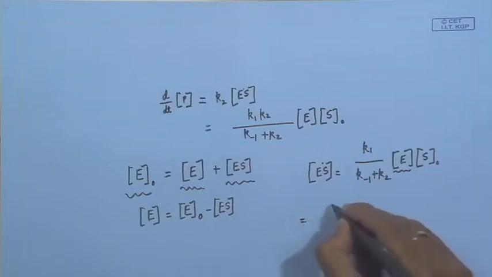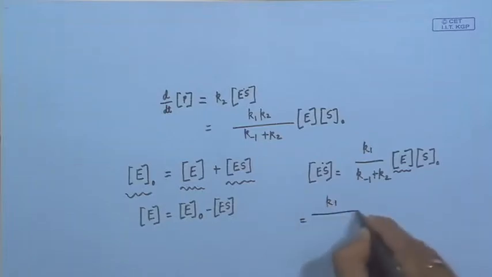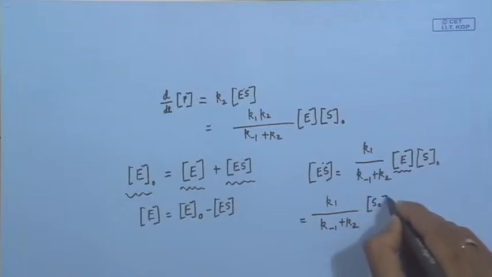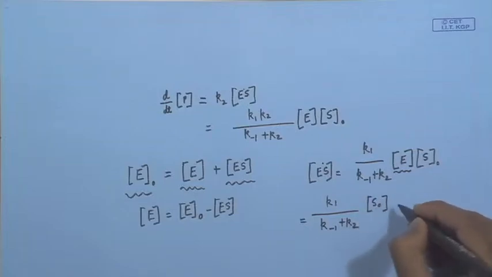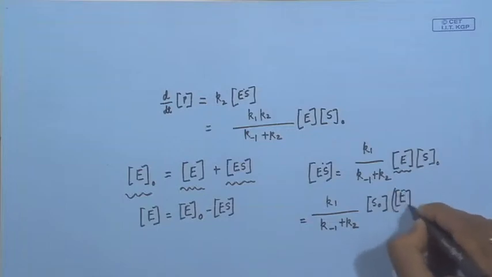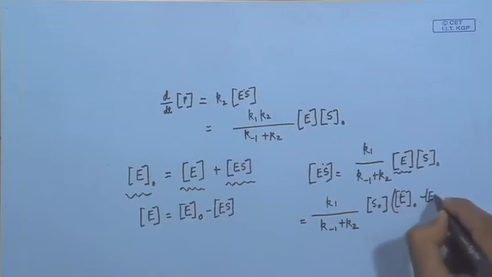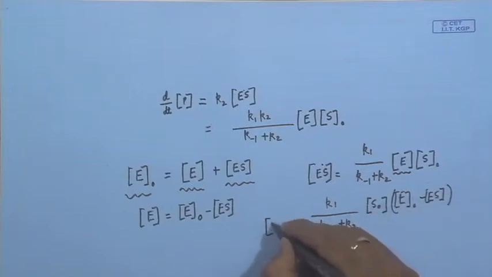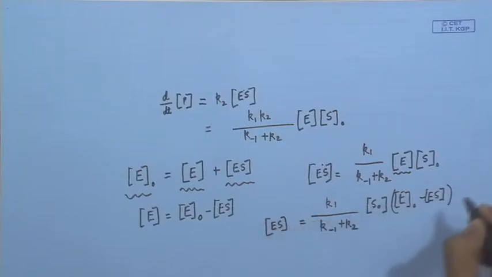So, that means k1 divided by (k minus 1 plus k2), then S0, and E is E0 minus ES. So, that means on the left-hand side you have ES and on the right-hand side is also ES.